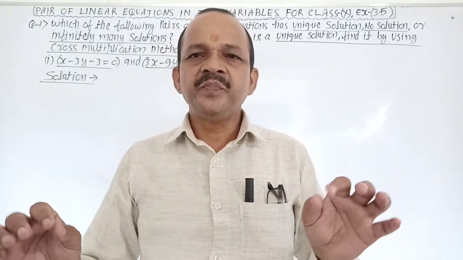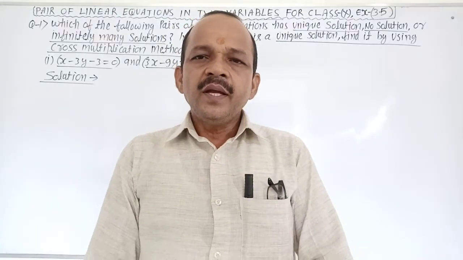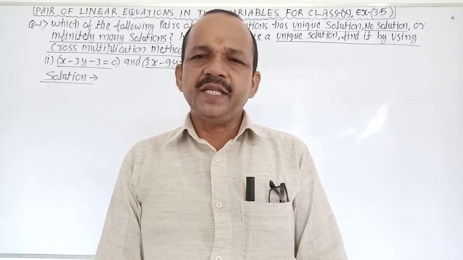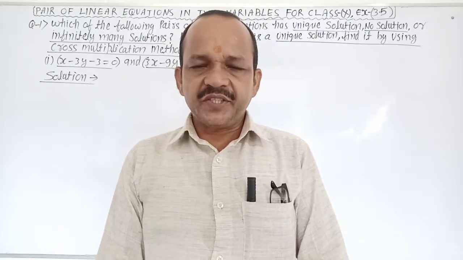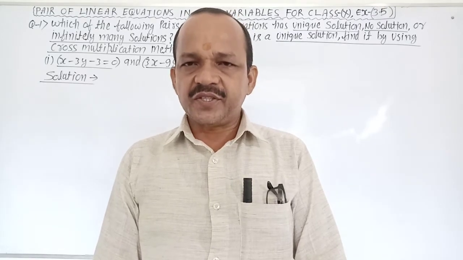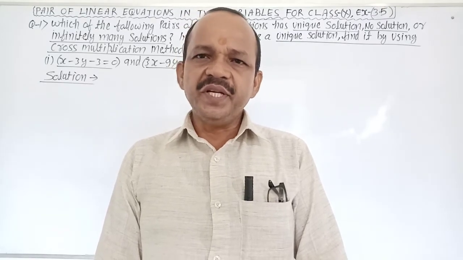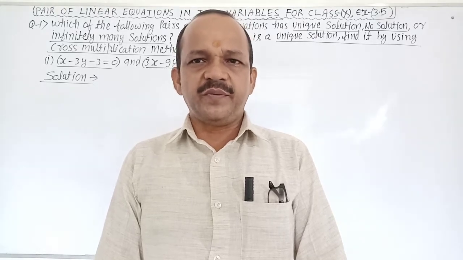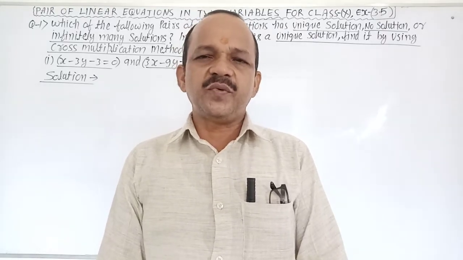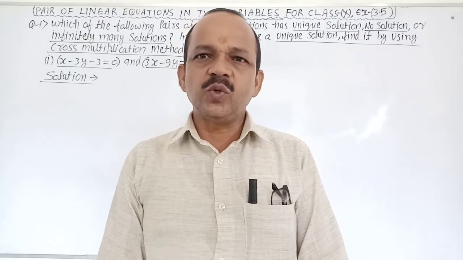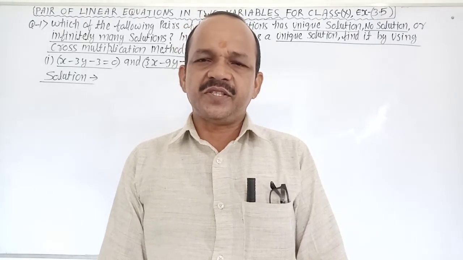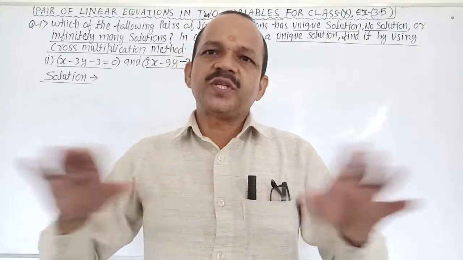Very good. If a1 by a2 not equal to b1 by b2, then it shows intersecting lines, consistent system and unique solution. If a1 by a2 equal to b1 by b2 not equal to c1 by c2, then it shows parallel lines and inconsistent system and no solution.